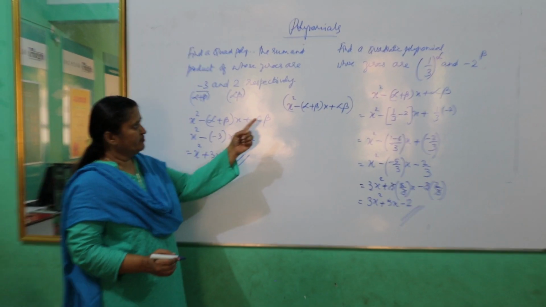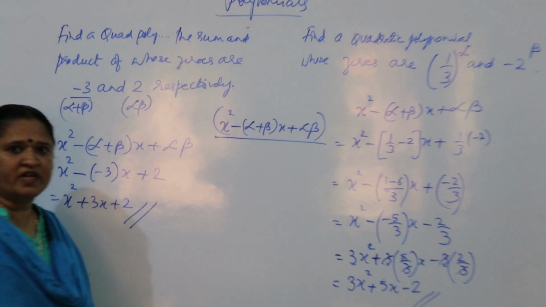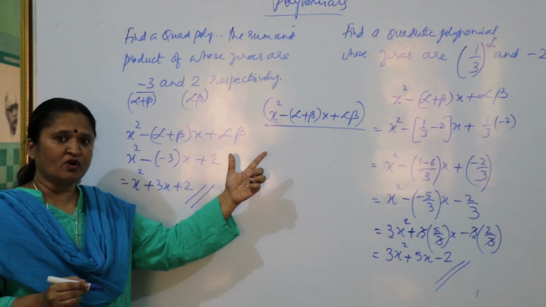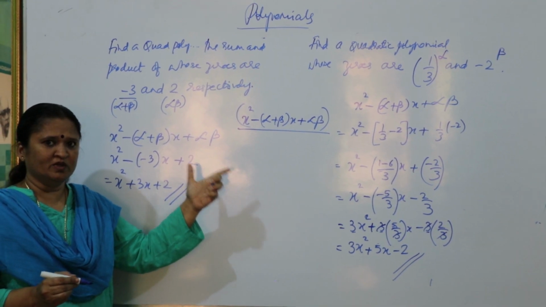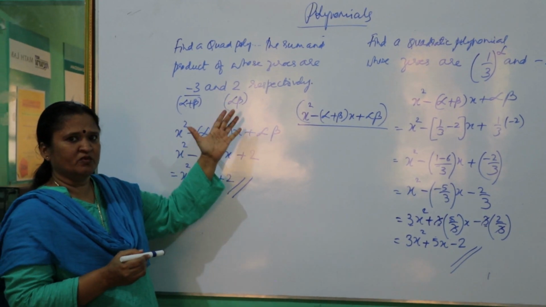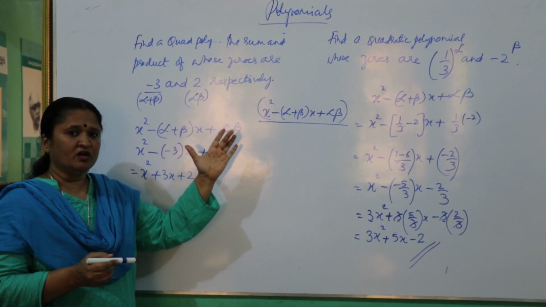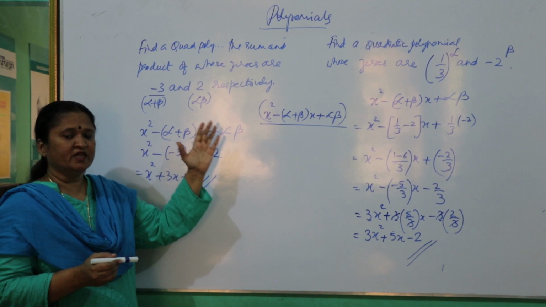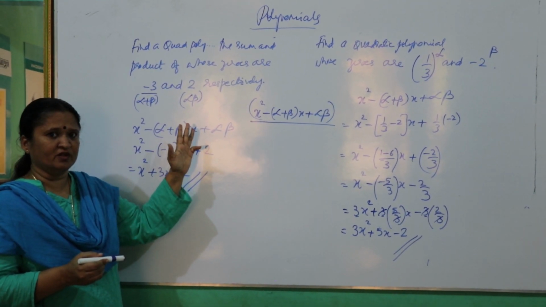This is how we use this relationship, and you can apply the same approach to form a cubic polynomial. There again you will be given relationships like this: the sum of the zeros, the sum of the products of the zeros two taken at a time, and then the product of the zeros. There will be 3 relationships in terms of a cubic polynomial.